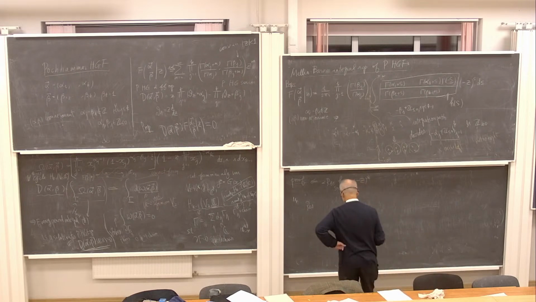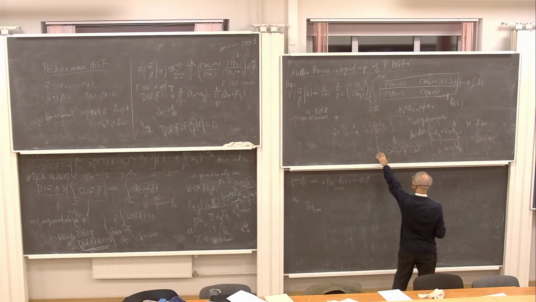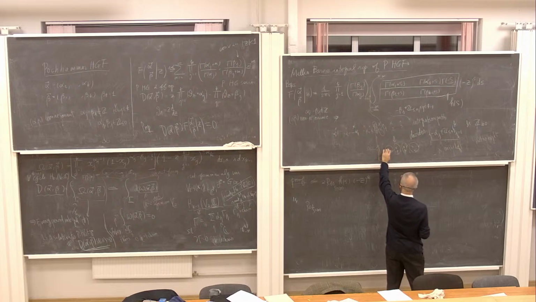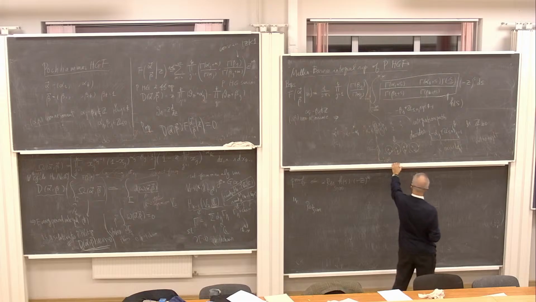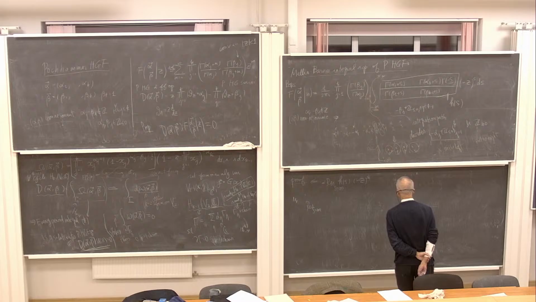So what is this? A residue at S equals M, and there are no poles from alpha j plus S part. Of course, the denominator contributes no poles, because the gamma function has poles and never has zeros, isn't it? So from the denominator we have no pole contribution, and from the numerator we have a contribution like this.